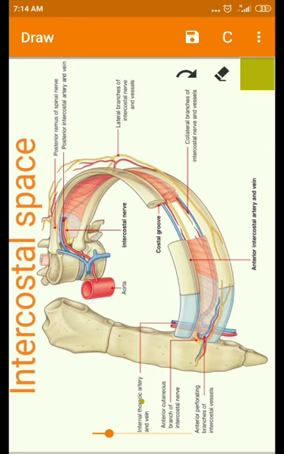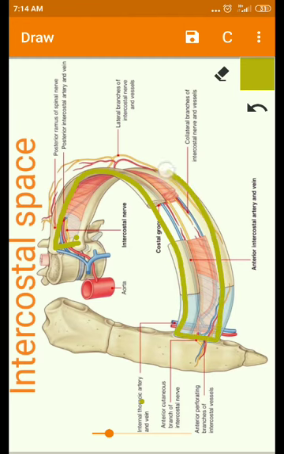boundaries of the intercostal spaces. Here you can see the boundaries from here to here, from the posterior aspect. It has 4 boundaries: the superior boundary, inferior boundary, anterior boundary, and posterior boundary.